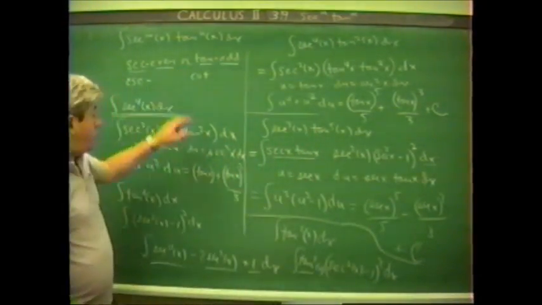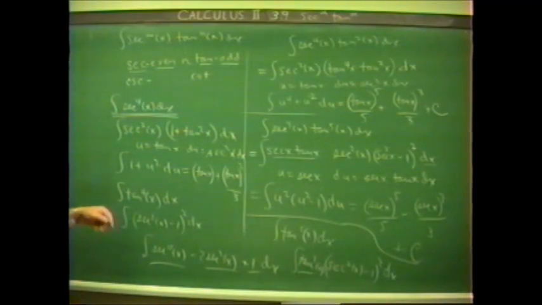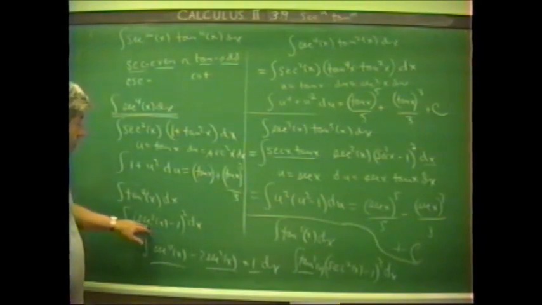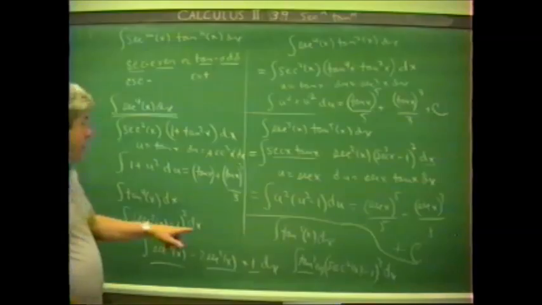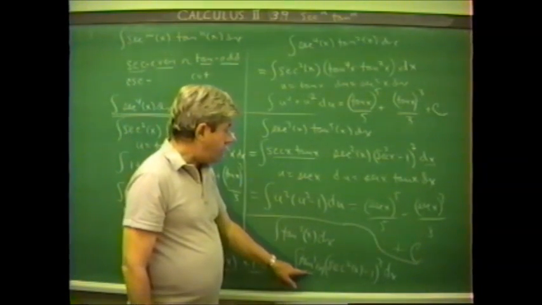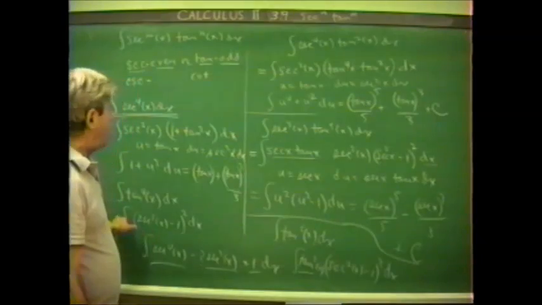And so you can always do tangent to an odd power and secants. If you get an even power of the tangent, no secants there at all, when you change it over, you're going to get all even powers of secants, which you can do. That's when you've got an odd power of the tangent. If you save one of them, you're going to end up with an odd power of the tangent in secants, and you can do that too.